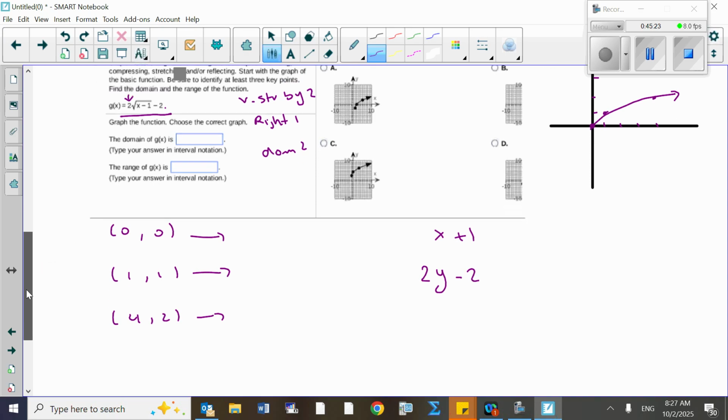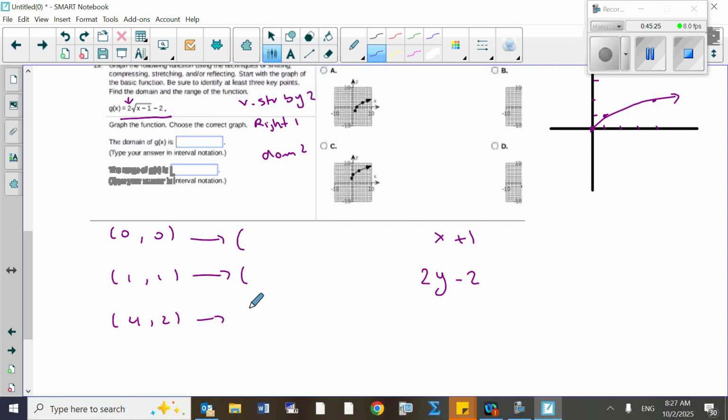So the points will be this. 0 plus 1 is 1. 1 plus 1 is 2. And 4 plus 1 is 5. How about the y value? 0 times 2 minus 2 is negative 2. 1 times 2 is 2, minus 2 is 0. 2 times 2 is 4, minus 2 is 2. So these are the points.